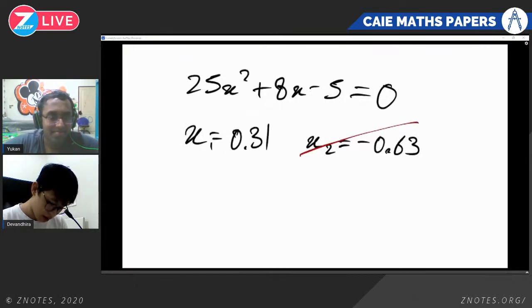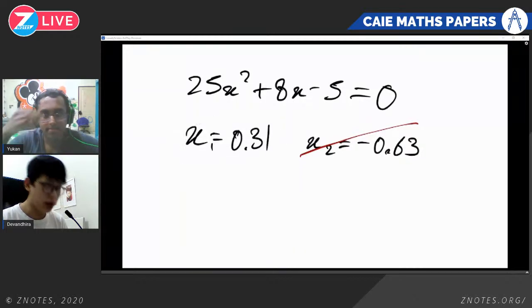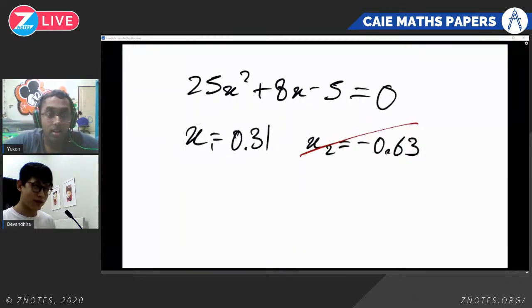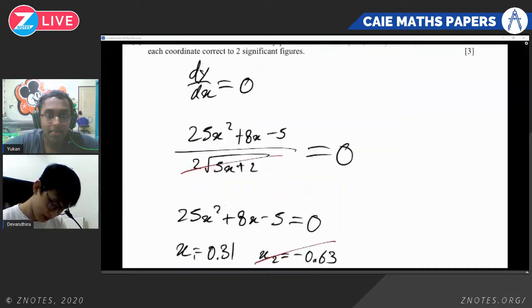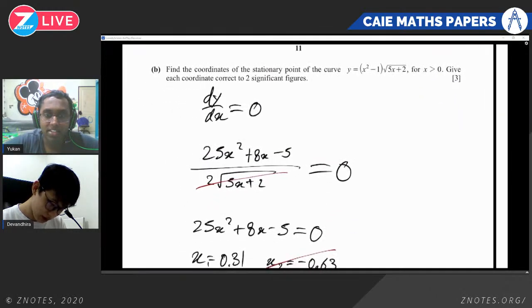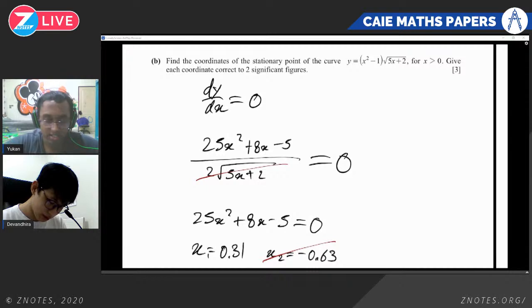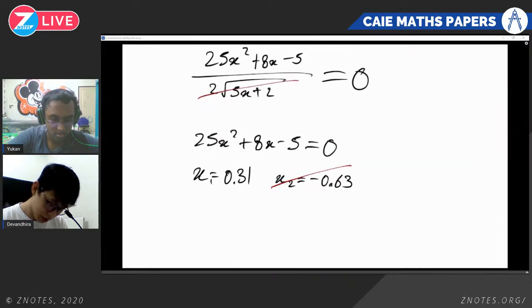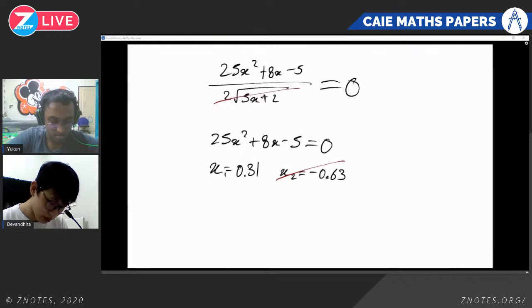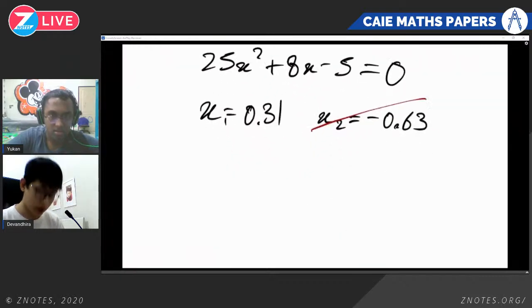Yeah. So we have the x value. Are we done? No, we must put that back into our function and then get the coordinate. Exactly. Because the question asks us to find the coordinate, not only the x coordinate. That means we have to put it back into the function. You can just use the calculator for that.